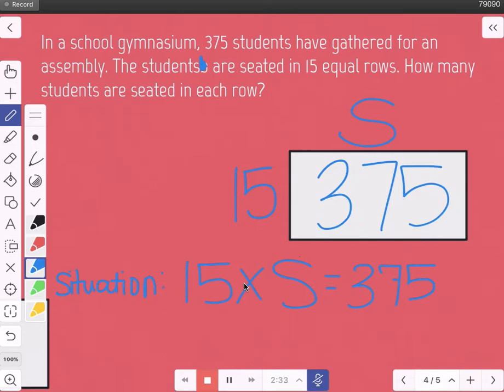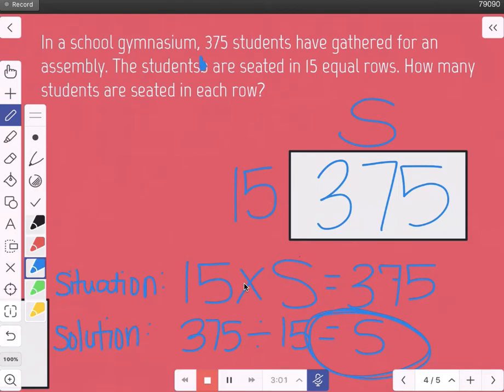But that's not how I would solve it. If I wanted to solve it, I would have the solution equation. That is 375 divided by 15 equals S. Remember, with our solution equation, our variable or the unknown should be on its own side of the equation.